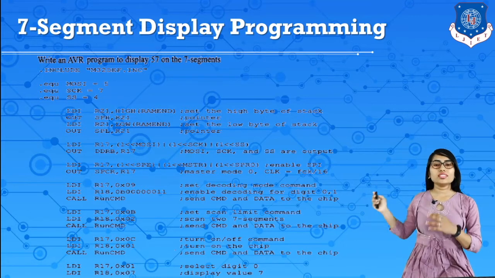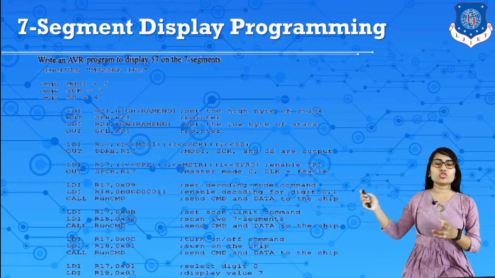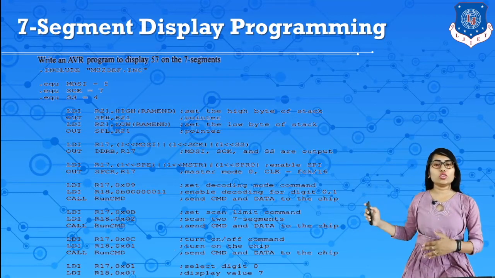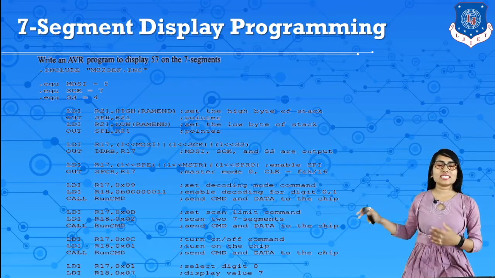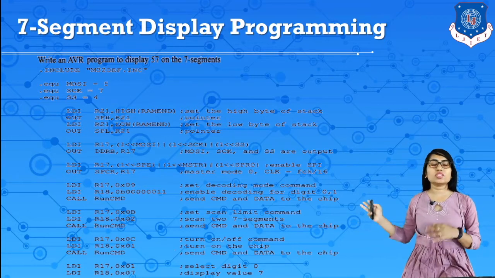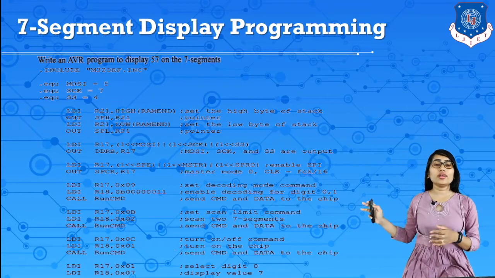Now here we set the decoding mode command. For that, here we have 0x09. Then enable the decoding for digit 0 and 1. Okay, enable the decoding. Then send the command and data to the chip. This programming or this instruction is for displaying on the device.